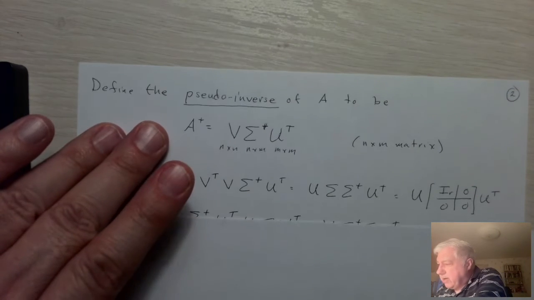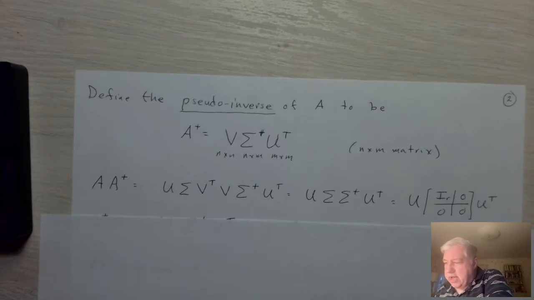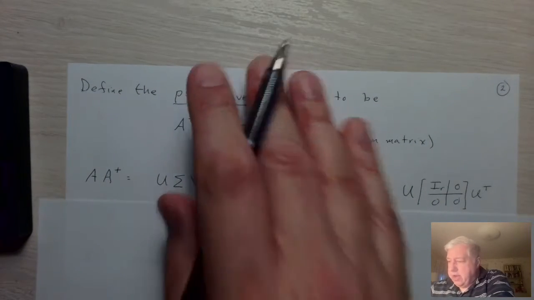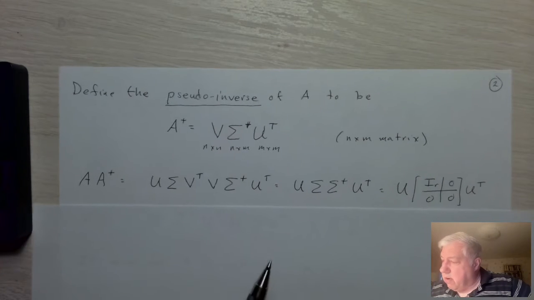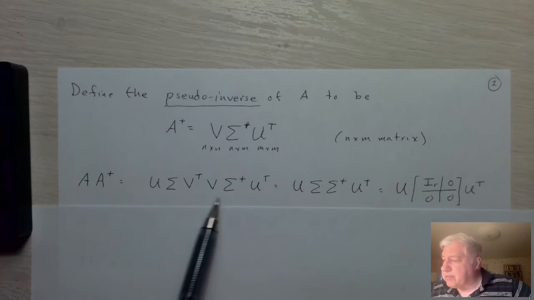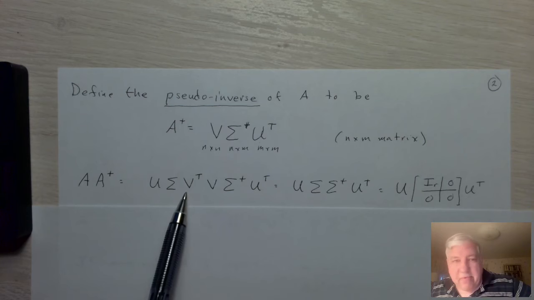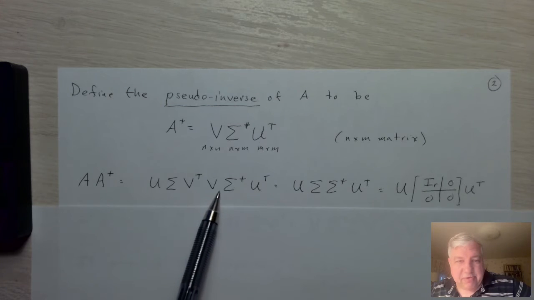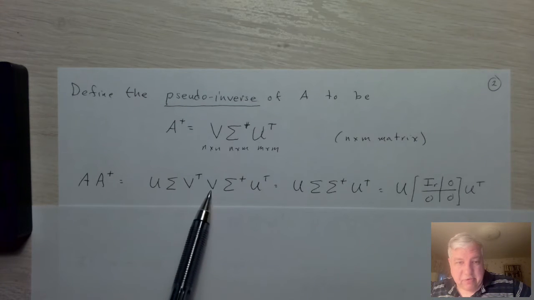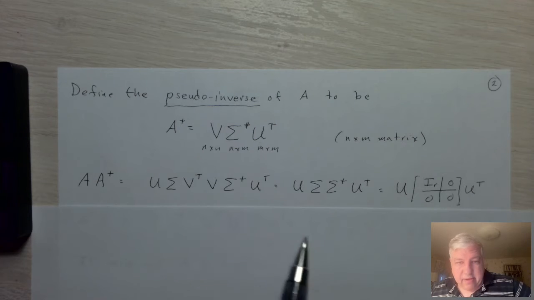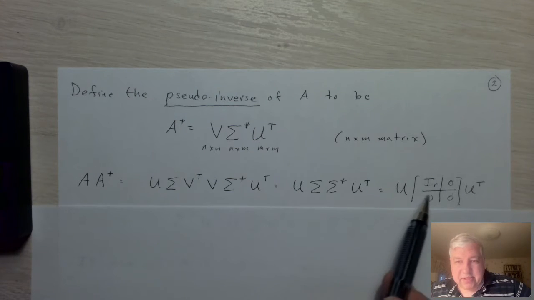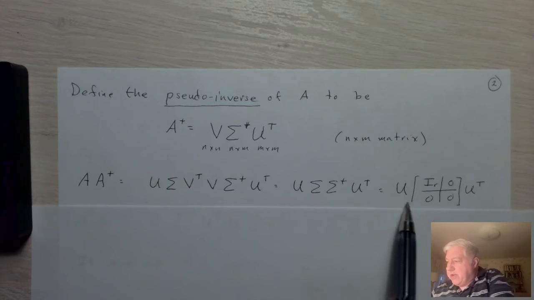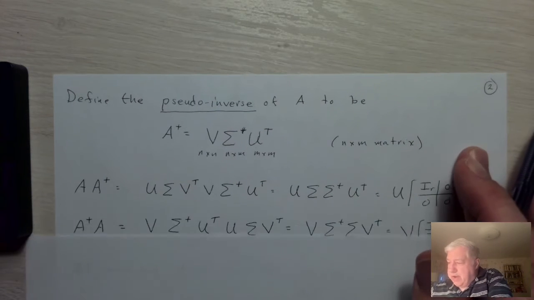If we observe a couple of things here, if we multiply A times A plus, after substituting, we see that V transpose and V are inverses of each other because V is orthogonal, so this goes away. And we already know what sigma times sigma plus is. It's this matrix, right? So we get U times this matrix times U transpose.